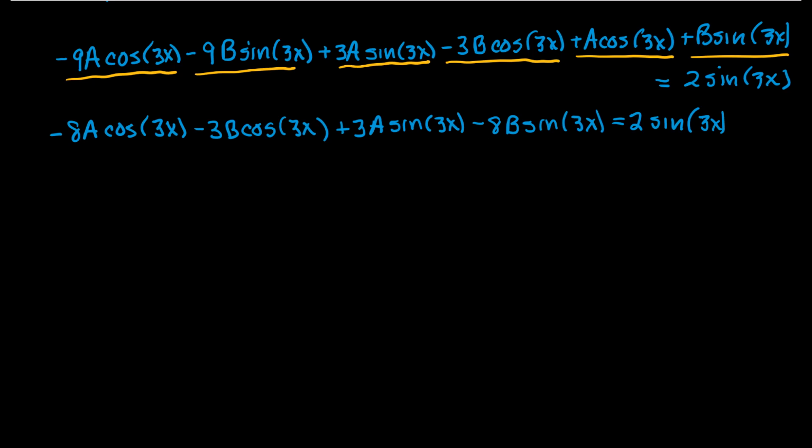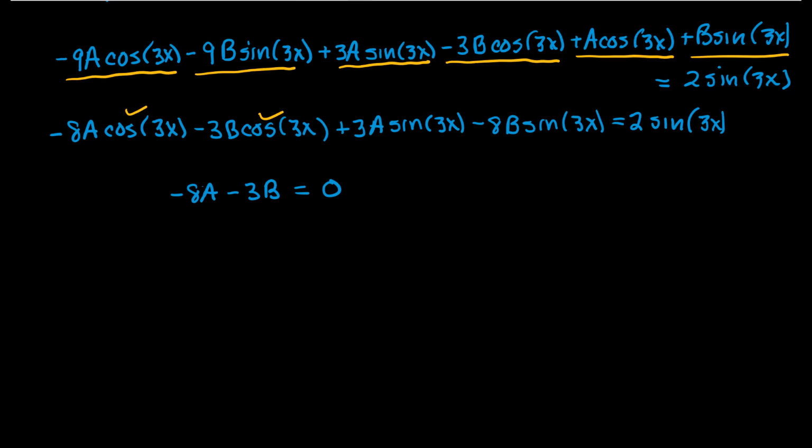Because what I'm going to wind up with here is a negative 8a cosine of 3x minus 3b cosine of 3x equals 0 times cosine of 3x. Okay, so let's see. I've got that term accounted for and that one accounted for. Very important to make sure that you don't overlook any terms.